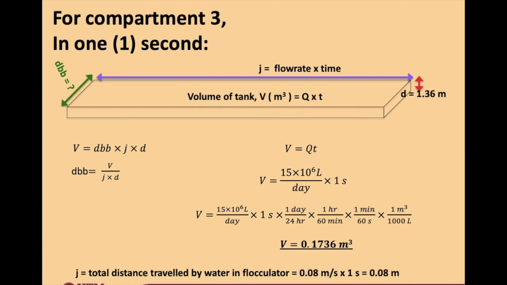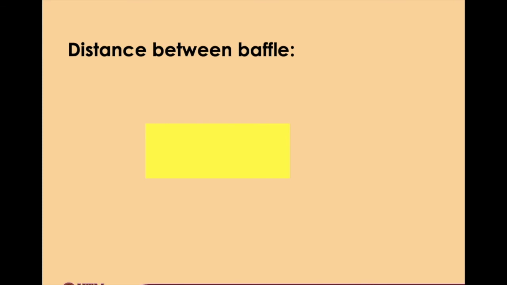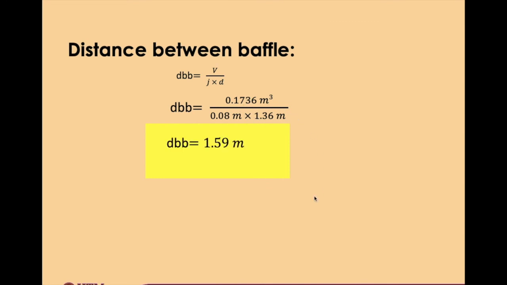Right. So the same thing, trying to find the distance between baffles. The volume is 0.1736, I think, and the J is 0.08, and the depth is still the same, so you will end up with your distance between baffles to be 1.59 meters. Therefore, the distance between baffles in compartment 3 is now a bigger size.